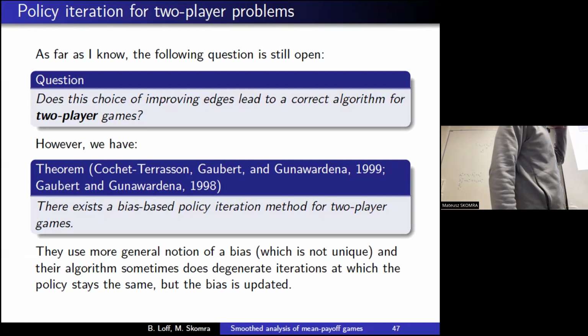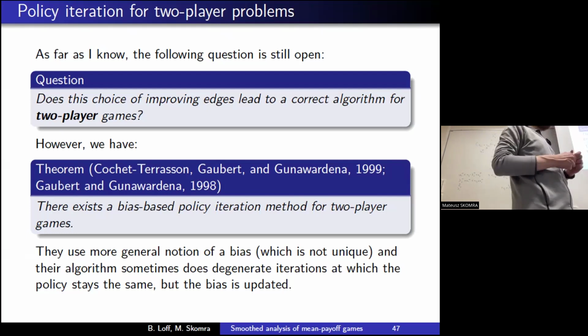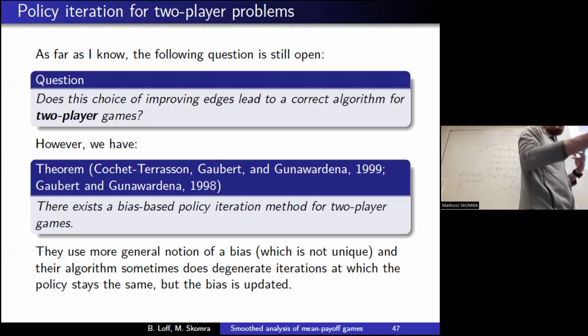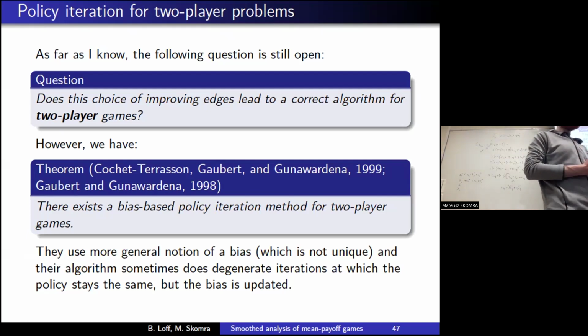I don't know if this does it, but there is another variant of this algorithm by Cochet-Terrasson, Gaubert and Gunawardena. They made an algorithm that also uses two vectors, value and bias, but they use a wider class of biases, not only the Blackwell bias.